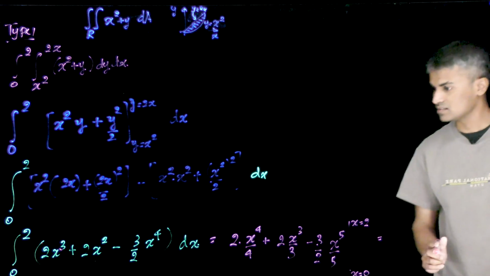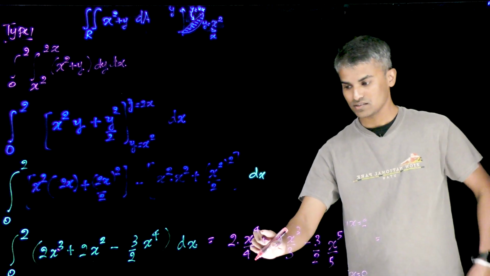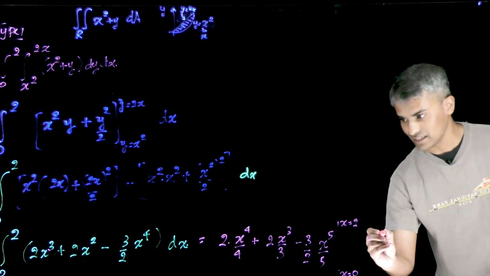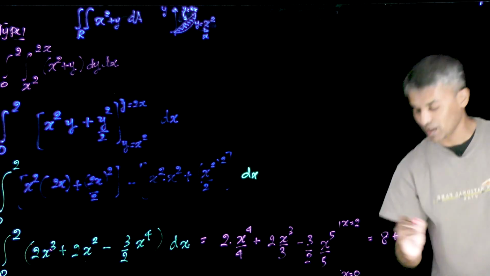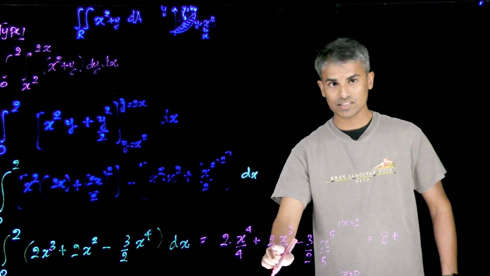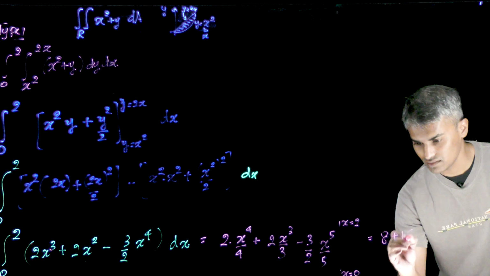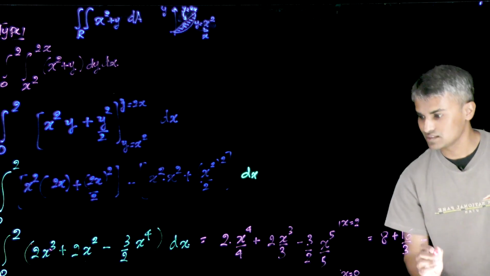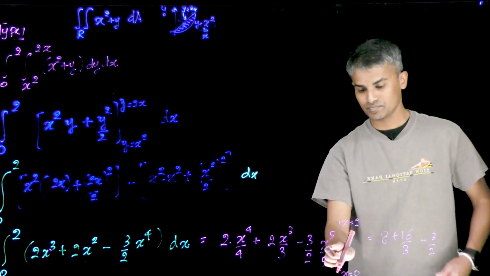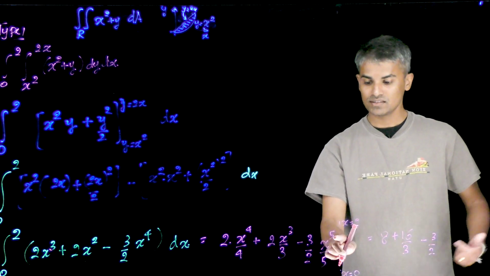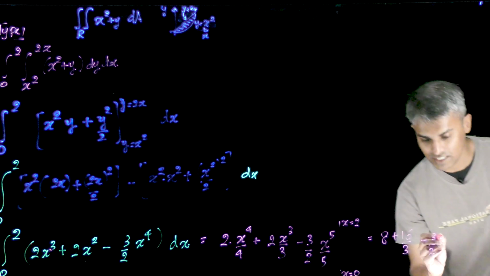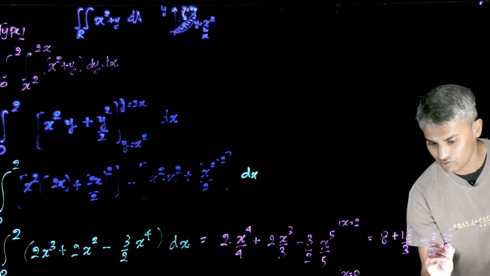Then you get 2 to the power 4 is 16, 16 over 4 is 4, and 4 times 2 is 8, plus 2 to the power 3 is 8, 8 times 2 is 16, and we have 16 over 3, minus 3/2 times, now x is 2, 2 to the power 5 is 32, so we have 32 over 5.